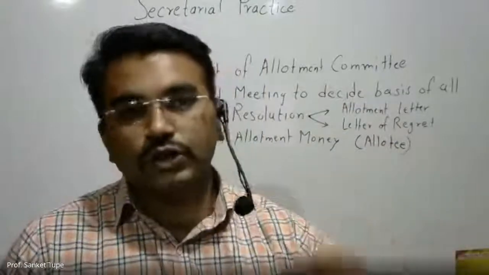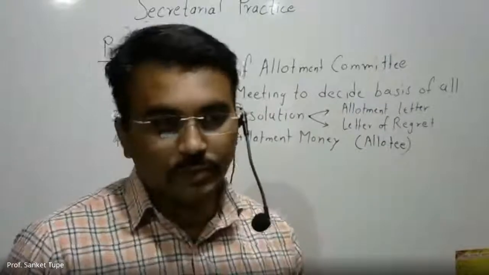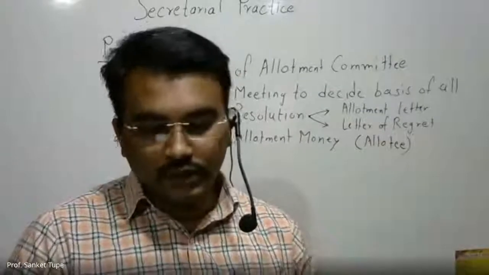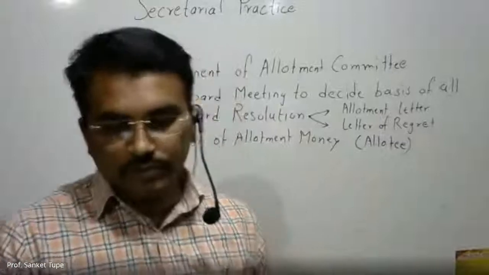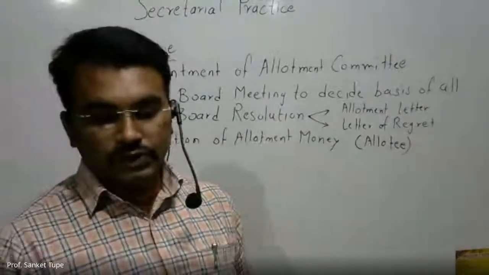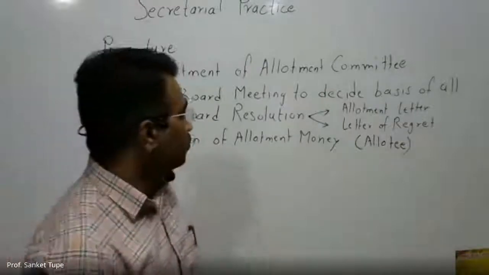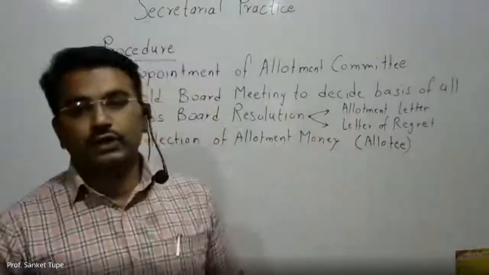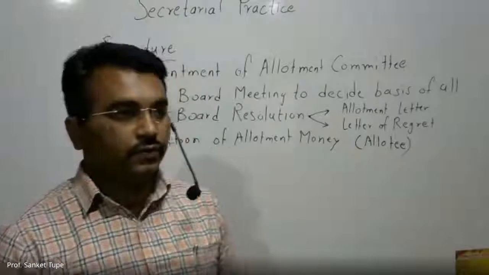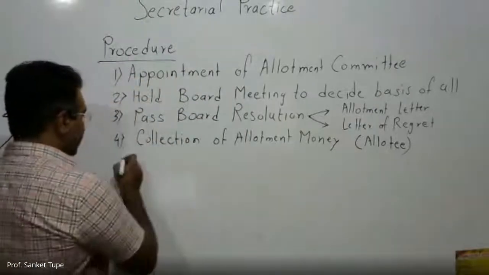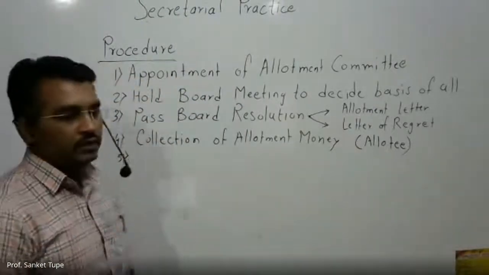When he pays that money, it will be collected in the specified bank which has been given. The period is also mentioned in the allotment letter, so a specified period of time is communicated to that person.